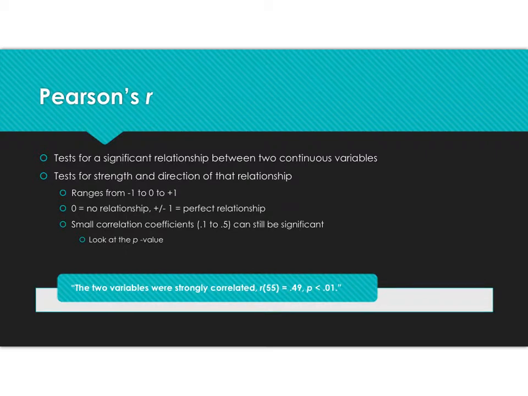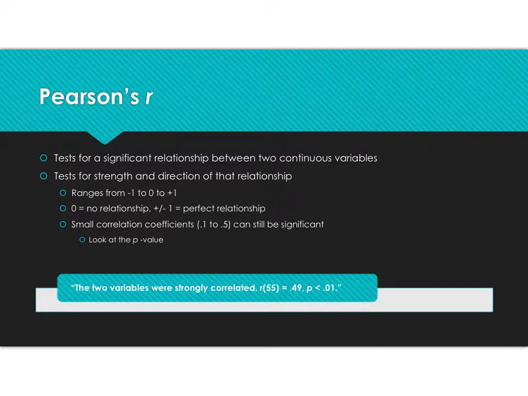So in a positive correlation, every time one variable goes up in value, the other variable goes up in value. Whereas in a negative relationship, if one variable goes up, the other variable goes down. So you may think that if you had a small r value, like 0.1 or 0.2, that it's not a strong relationship, and so it wouldn't be significant.